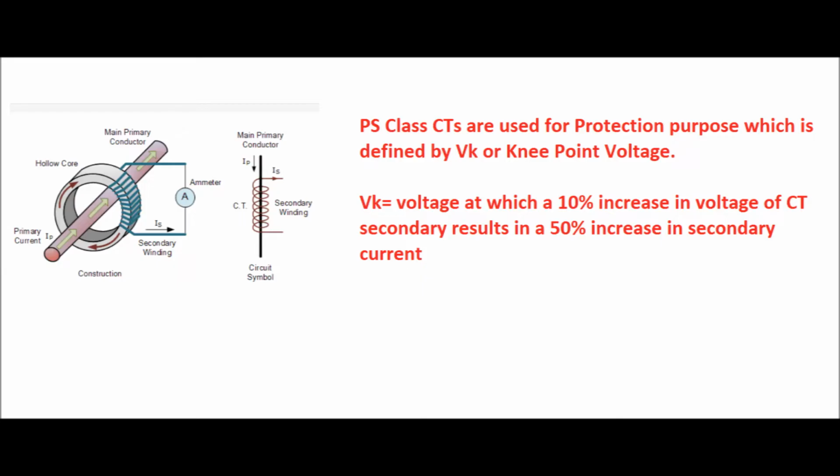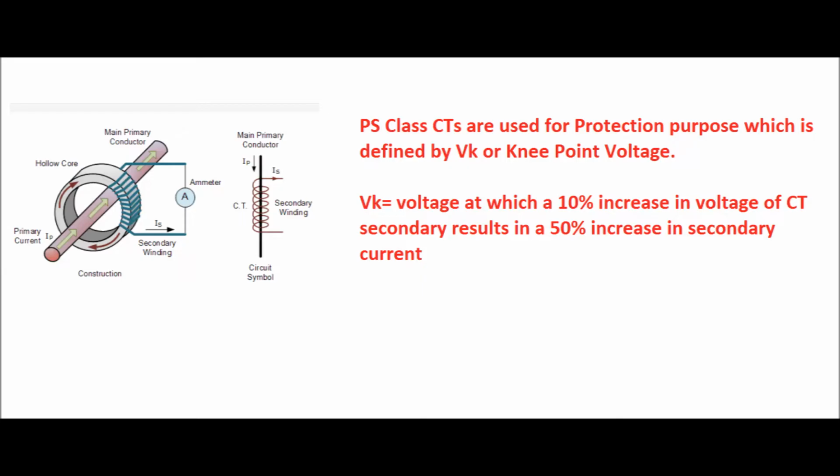There are two types of protection CT. One is the protection class CT and another is the protection special class. The protection class CT is defined by 5P10 or 5P20. That is, if 10 or 20 times the rated current flows in the primary side, then the error in the secondary circuit shall be 5%.